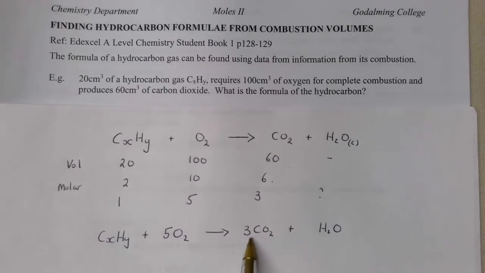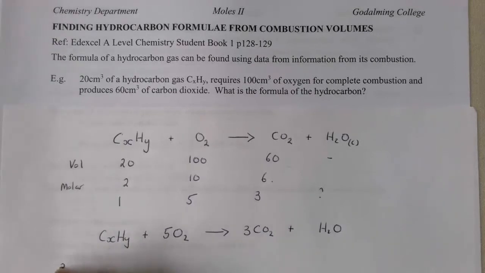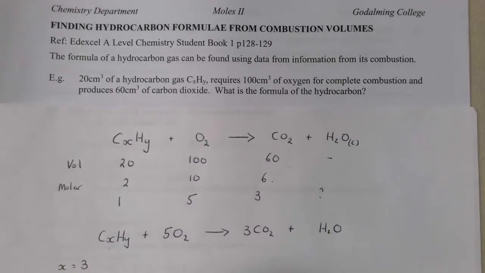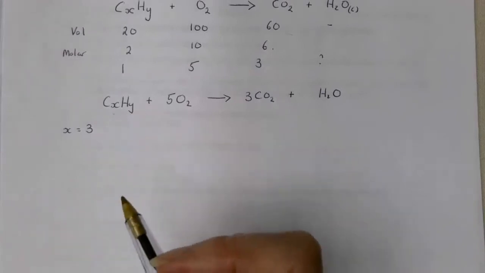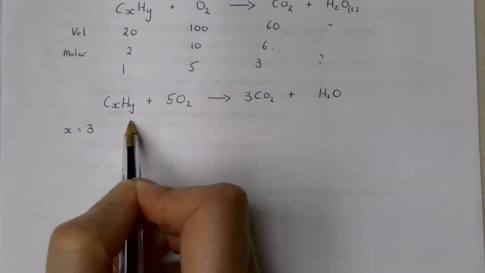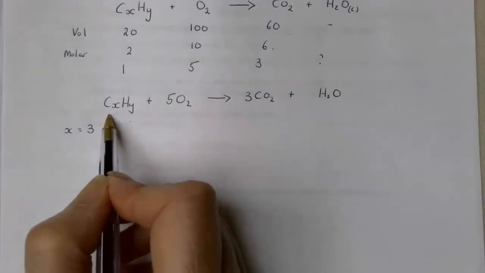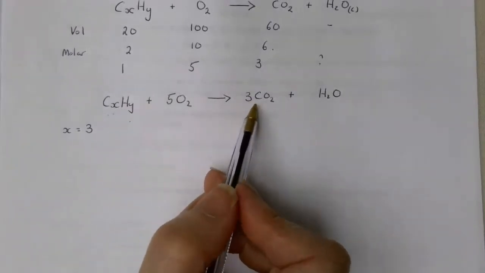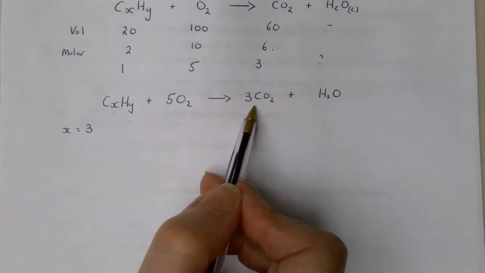Now all of the carbon in the carbon dioxide has come from the hydrocarbon. So I can say that x equals 3. Now basically what I'm going to be doing is balancing the equation to work out the hydrogen. So I've got x is 3 because I've got 3 moles of carbon dioxide here.